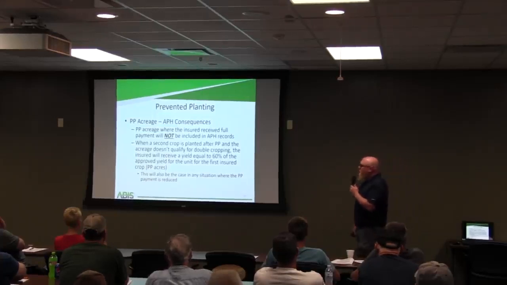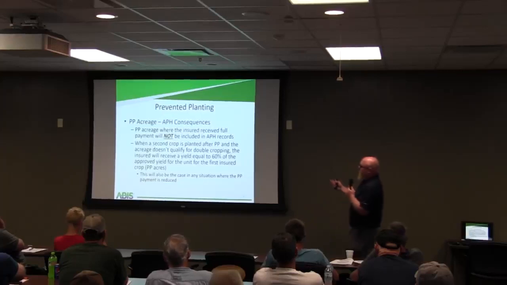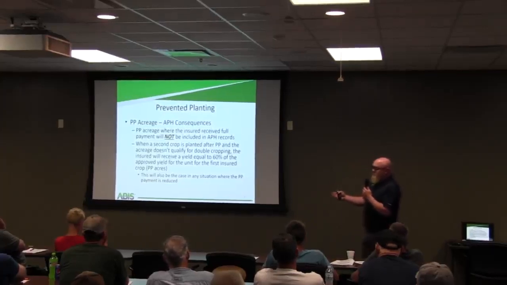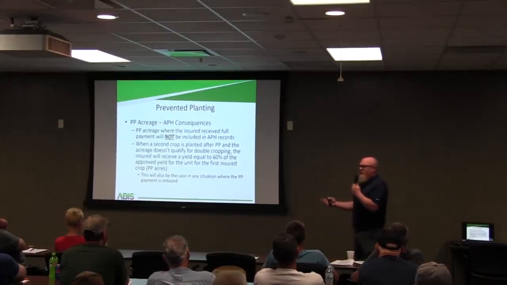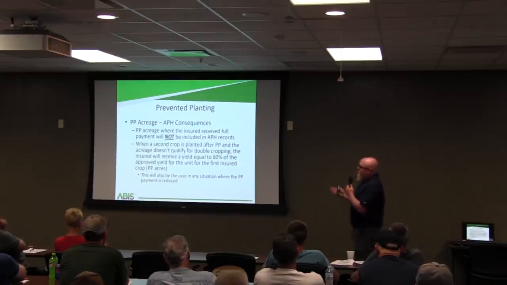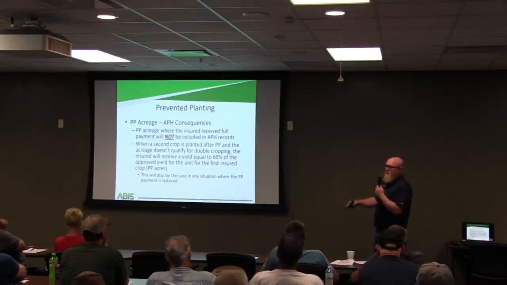However, when we've got a second crop planted after prevented plant and the acreage doesn't qualify for double cropping, there is a yield plugged in for those prevented acres, and that's going to be based off of 60% of your approved yield for the unit. So if you had a 200 bushel average, they're going to plug in 120 bushel for that farm for the entirety of the APH database.